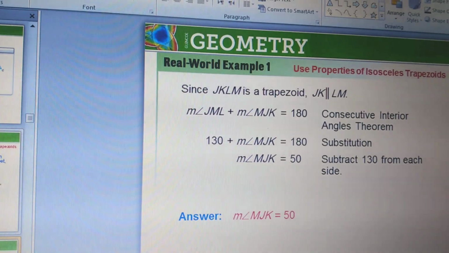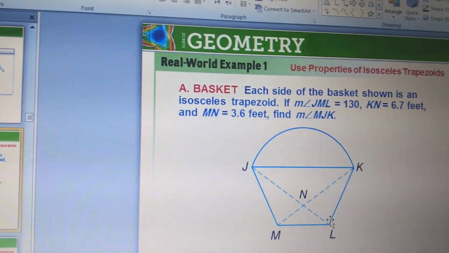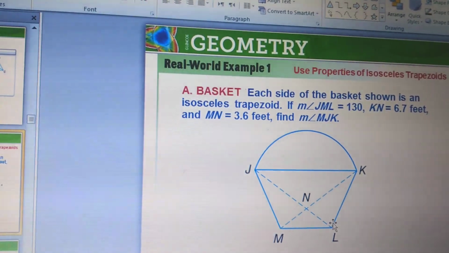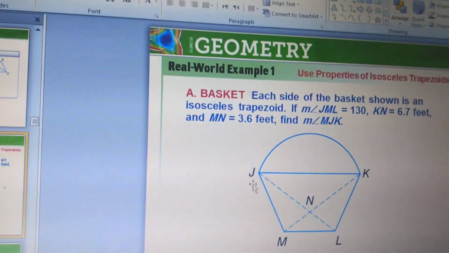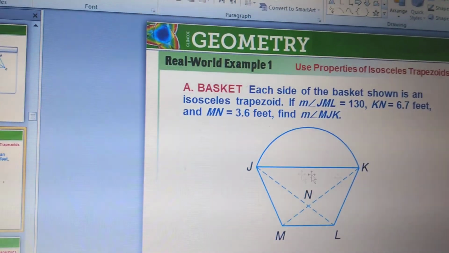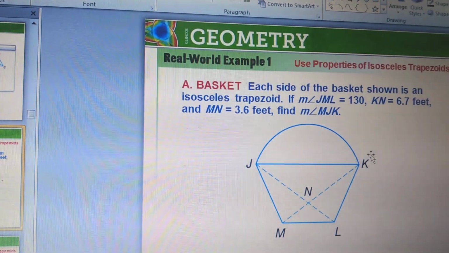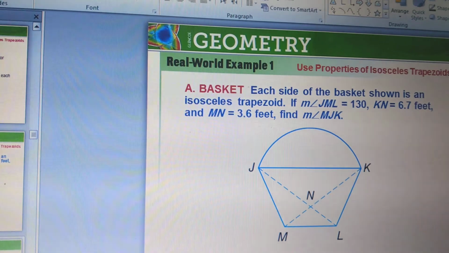Or as I told you, we can say 130 plus 130, it is 260. Subtract 260 from 360, you will get 100. But angle J and angle K are congruent. Divide them by 2, J and K are congruent, and I have 100. 100 divided by 2 equals 50. I can solve directly.